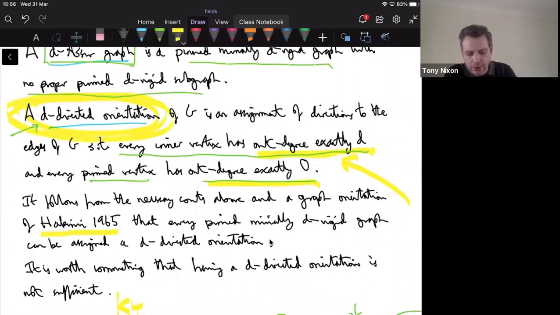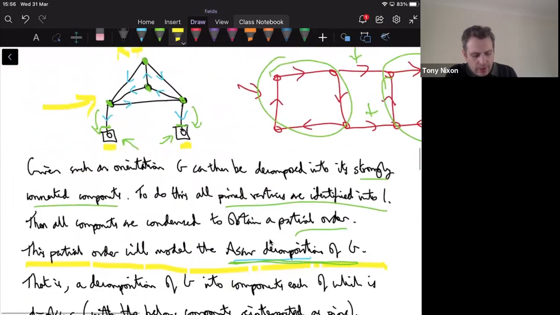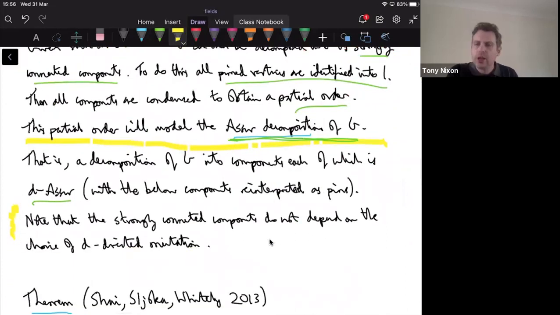So it has to be that the out degrees are exactly D for inner vertices, and the out degrees are exactly 0 for pinned vertices. But that's the only condition. In fact, what's true is that if you take any directed cycle in your directed graph, and you reverse the orientations on that cycle, you will not change the strongly connected components, and hence, what we're about to see is the strongly connected components tell us the DSU decomposition, and hence if you choose any D-directed orientation, you're fine.